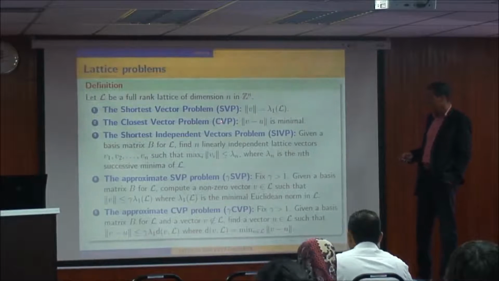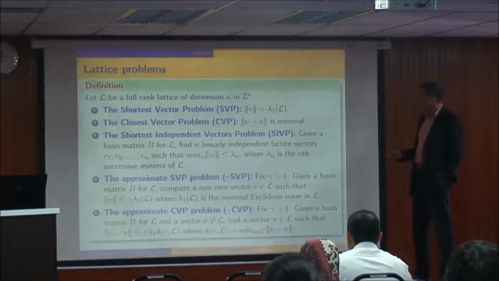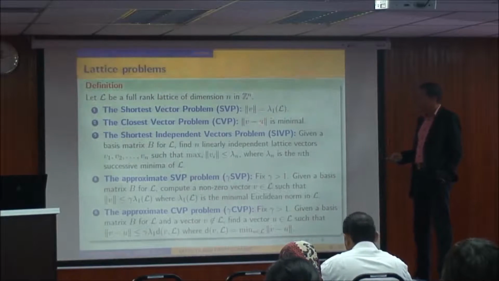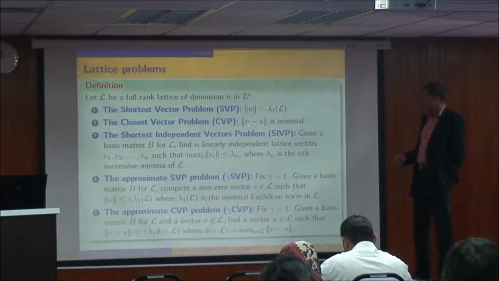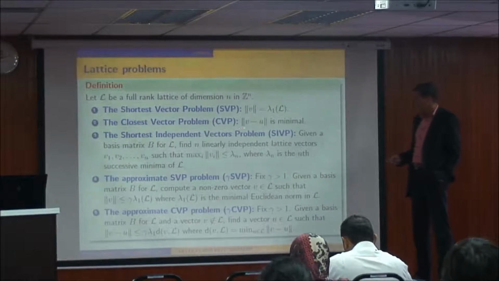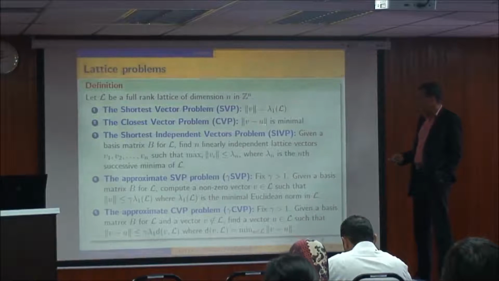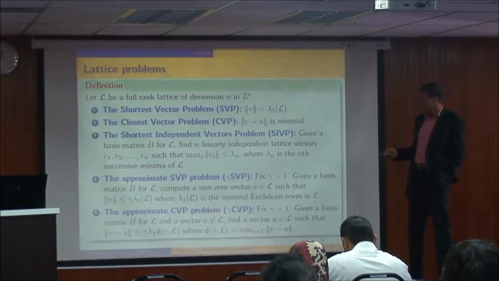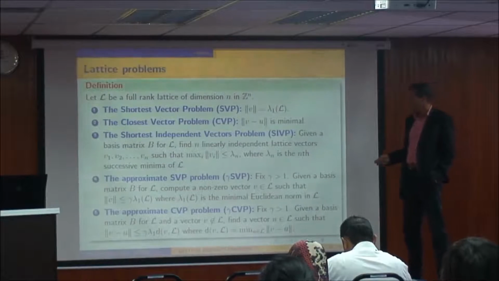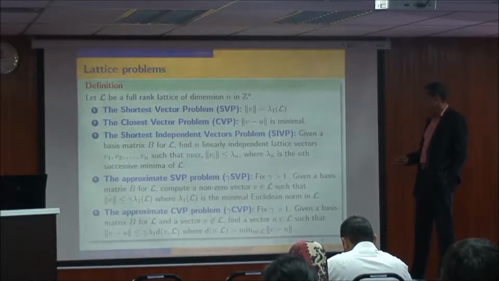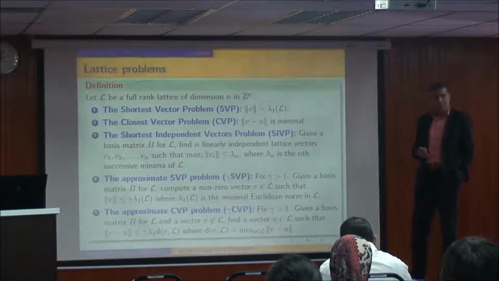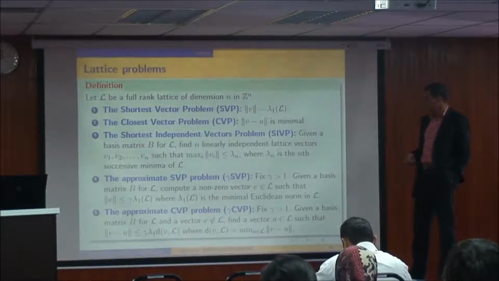Also, the closest vector problem, CVP, where we need to find the vector u closest to the vector v, or the difference between v and u has minimal distance. Also, there are other problems in lattices. For example, the shortest independent vectors problem, SIVP. So this is also a hard problem with lattices, which is used for cryptography.